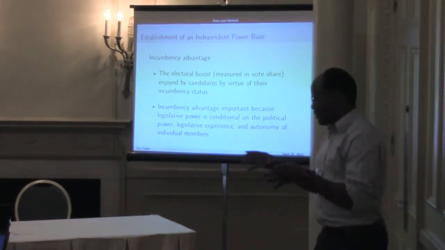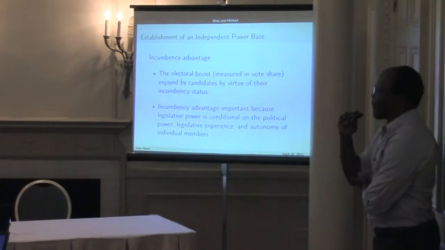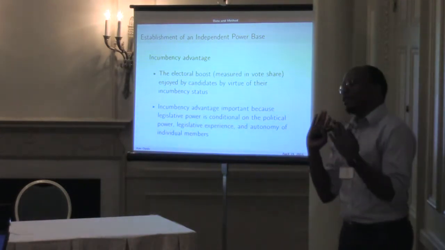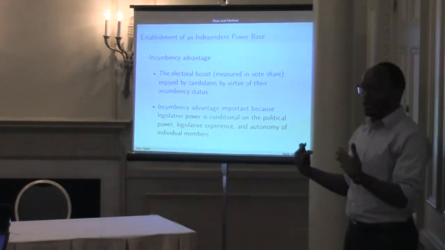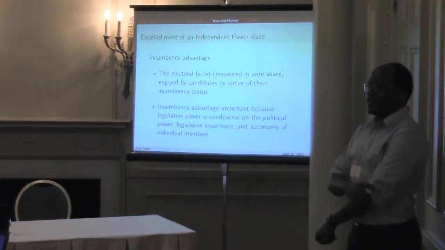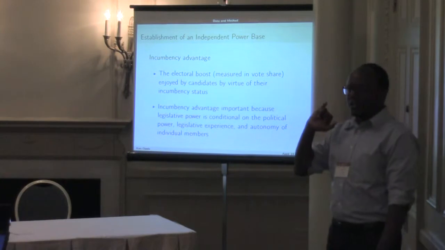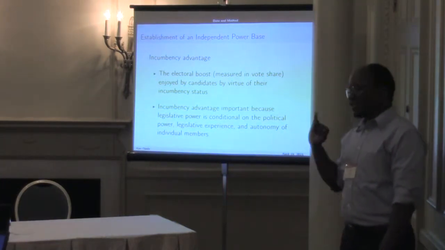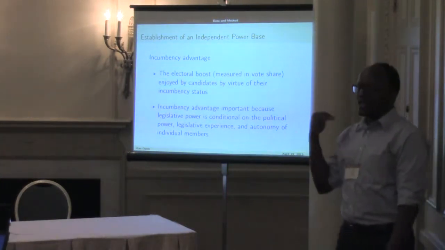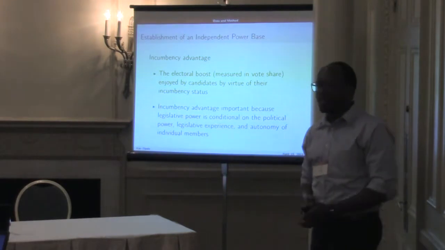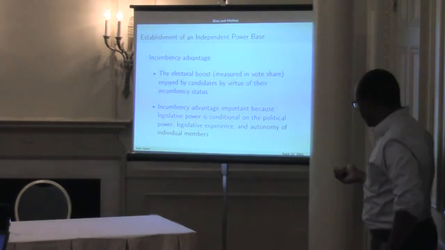Now to focus on the key outcome of today, what I'm trying to do is compare incumbency advantage before and after the transition. Because my argument is that two countries look similar during one-party rule, but diverge after the end of one-party rule, and the explanation is that the Kenyan legislature is stronger at the point of transition.